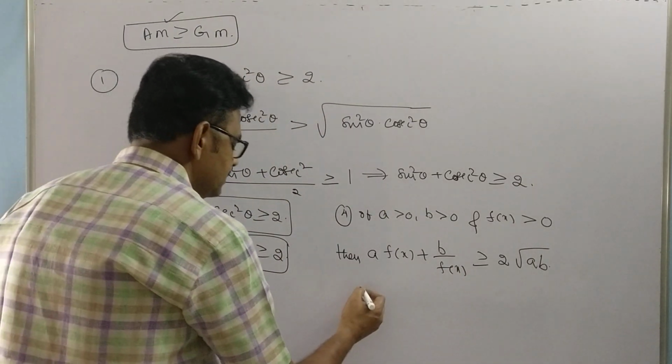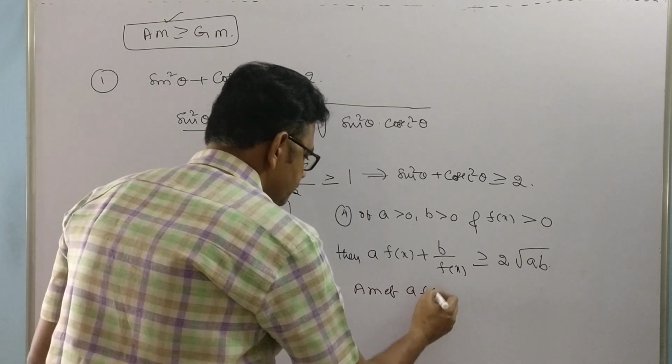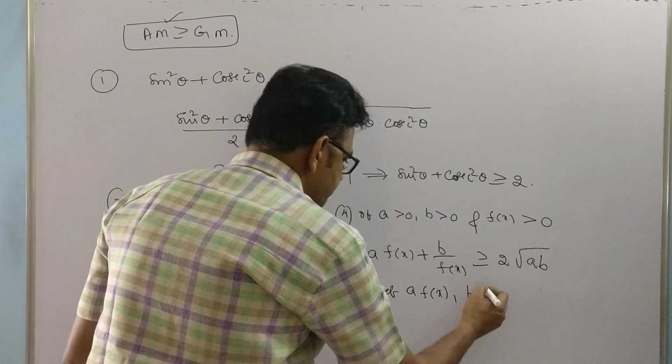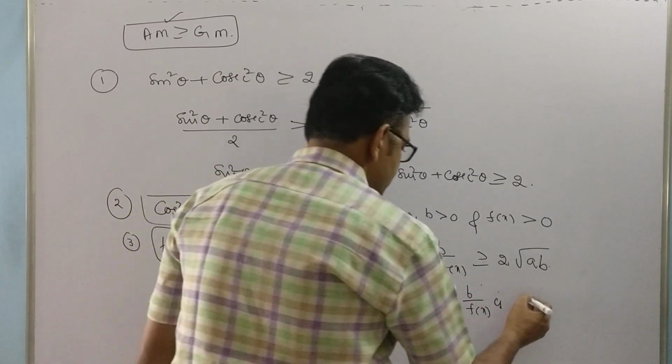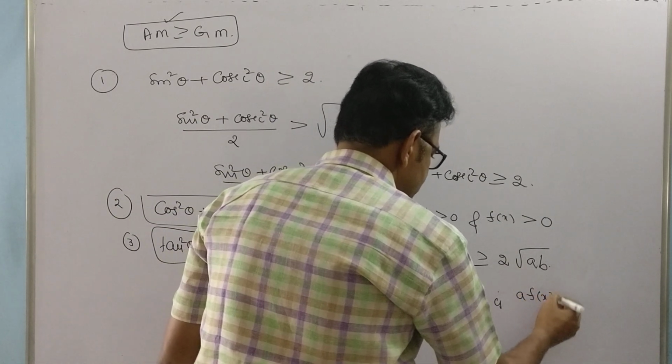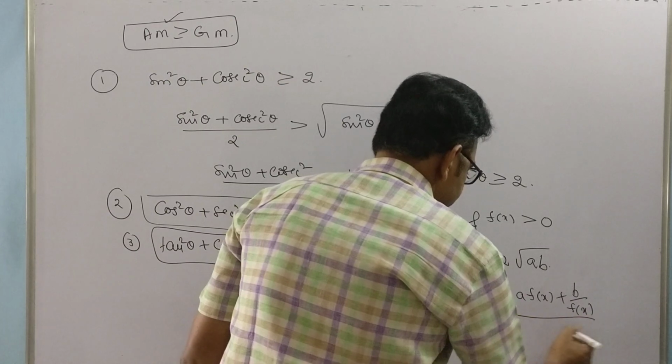That is AM, arithmetic mean of A into f of x comma B by f of x is A f of x plus B by f of x by 2.